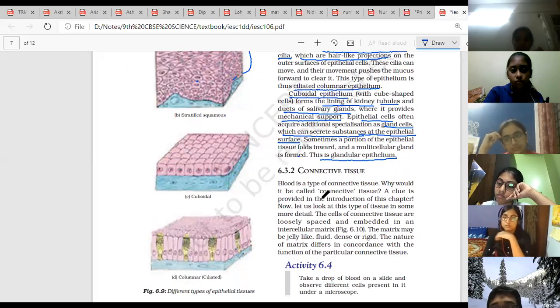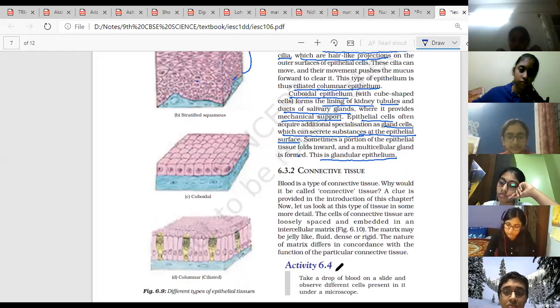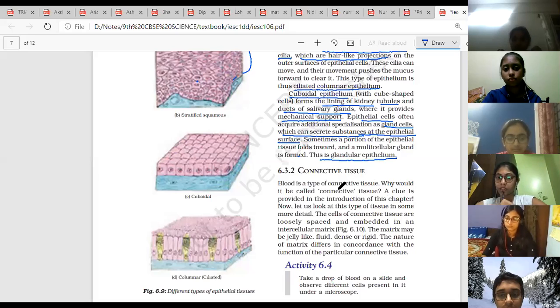Ma'am, if they won't ask mostly from NCERT, why are they following NCERT? This is a basic book. The syllabus is clear. This is the syllabus that you have to learn, and from this, in depth, they will ask you. In the tissue chapter, one full chapter can be made on each type of tissue.